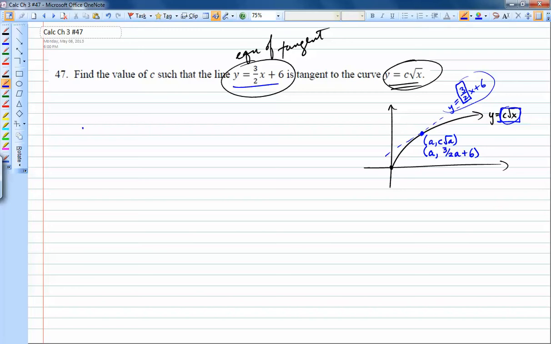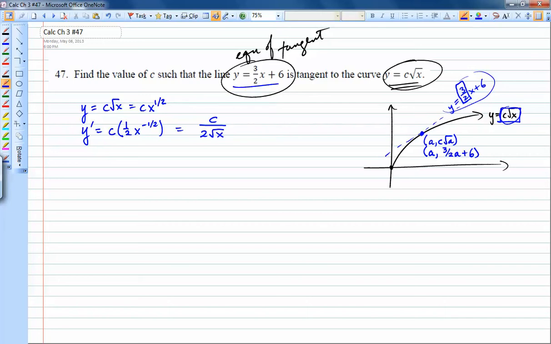So y prime here, for my original function, y is c root x. And so y prime is going to be, actually, let me write that as c x to the 1/2 first. So then y prime is going to be c times 1/2 x to the negative 1/2. And if I simplify this, it's c over 2 root x there.